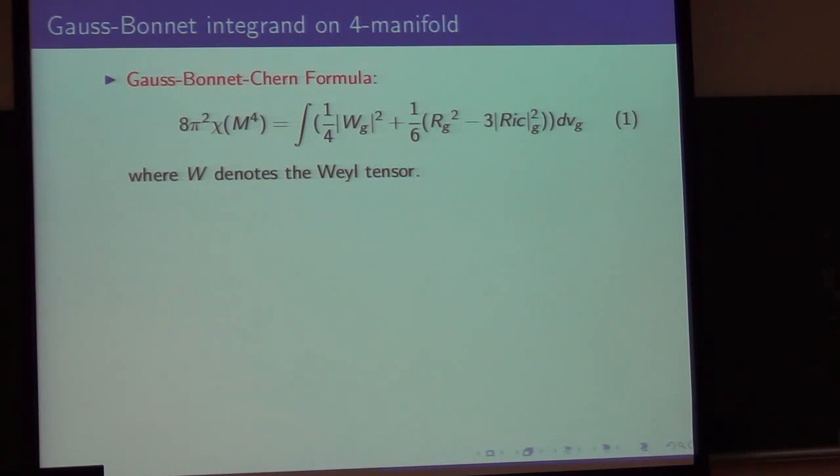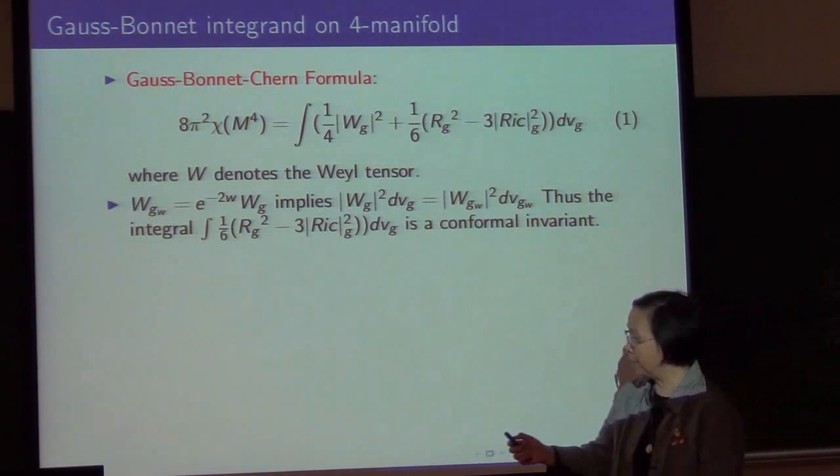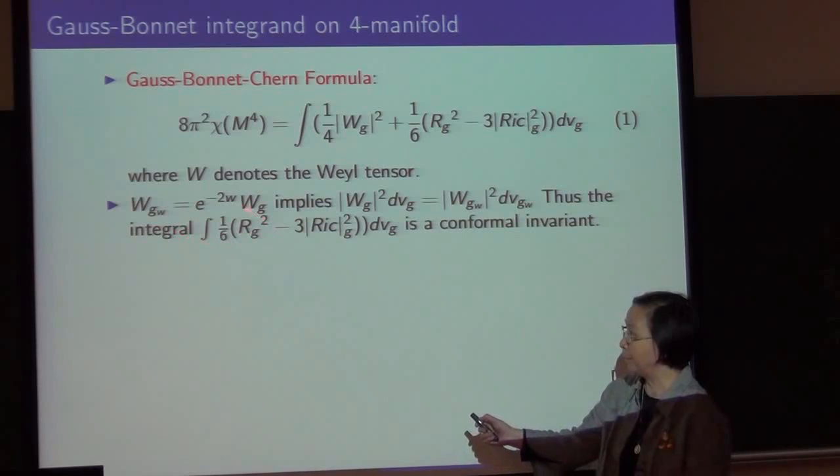Say on R4 or on S4, the Weyl curvature vanishes. And the other terms usually describe how curved the manifold is. But here, the important fact we want to use is that in 4 dimensions, the Weyl curvature is a pointwise invariant.